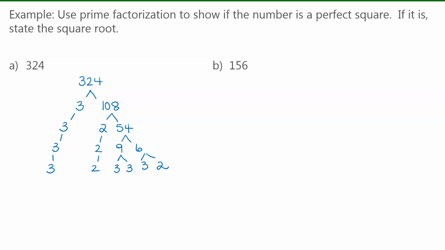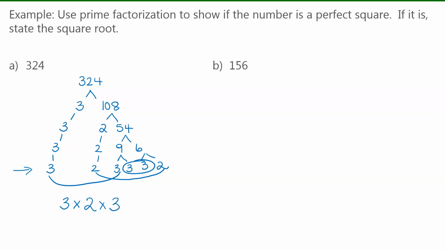So when I look at each of these numbers on the bottom, they can't split any further. Now I create pairs for all my numbers listed at the bottom. I have a pair of 3's, a pair of 2's, and another pair of 3's. So I take one number from each pair, and I multiply those numbers together.